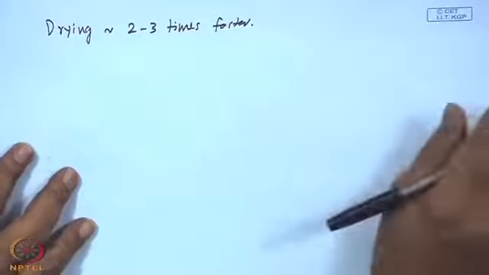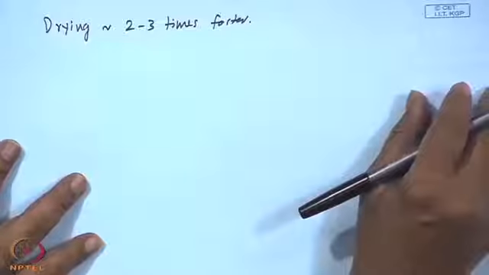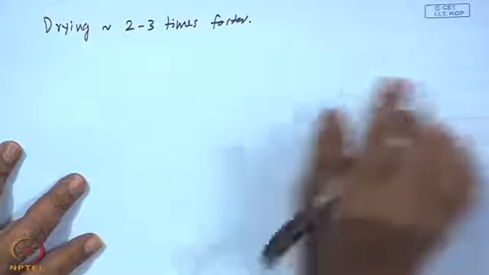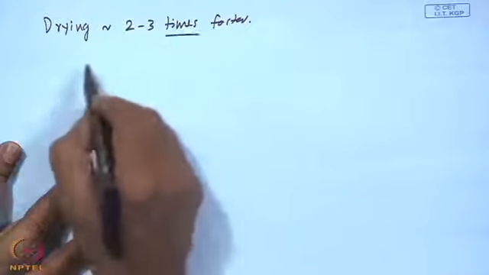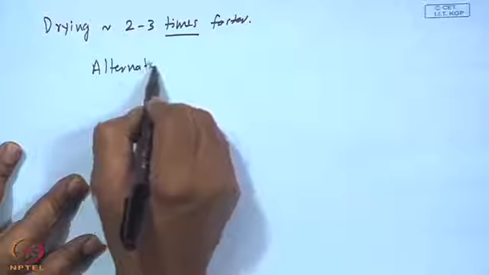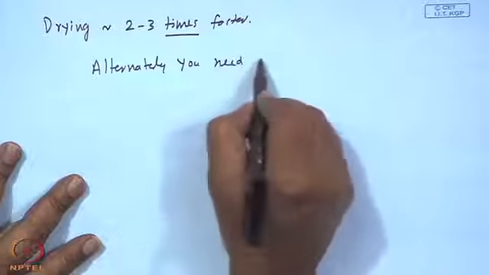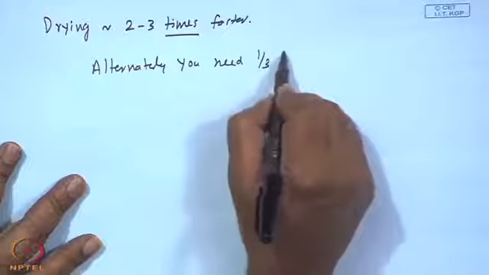That is, compared to open sun drying, if you do it in the greenhouse, it will be 3 times faster or 2 times faster. And if that is so, alternately you need 1/3 the area.